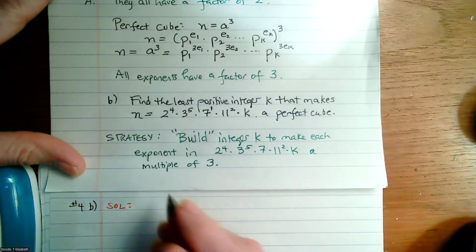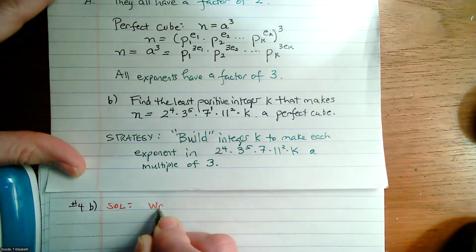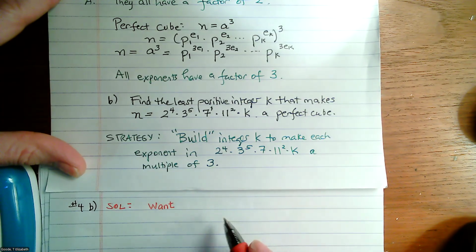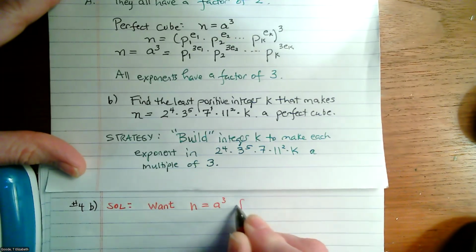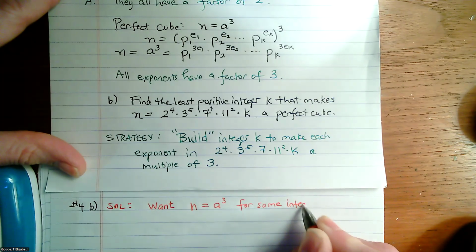Because n is raised to 1, but not to something larger than 1, those exponents are multiplied by 1, so they don't appear to change. I think I'm getting ahead of myself. Well, we want n to equal a cubed for some integer k, right? Right.